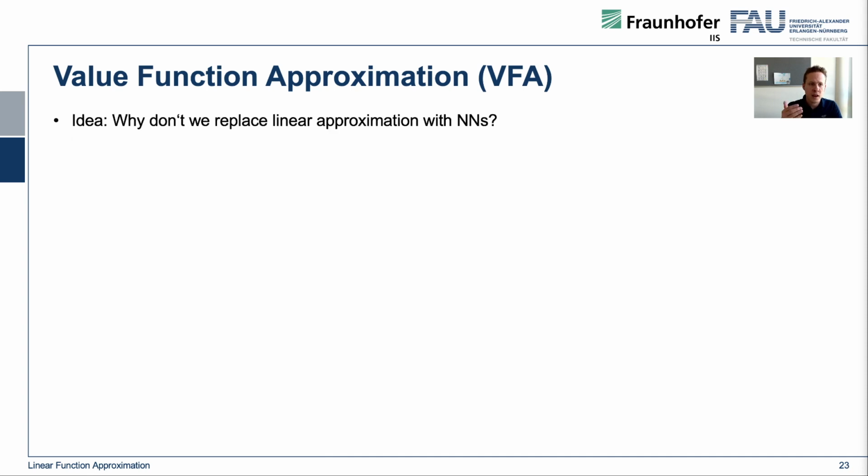And the question is now, having seen the revolution of neural networks and their predictive power and extraction of features from raw input, why don't we replace the linear approximation that we use and do a nonlinear approximation with neural networks?